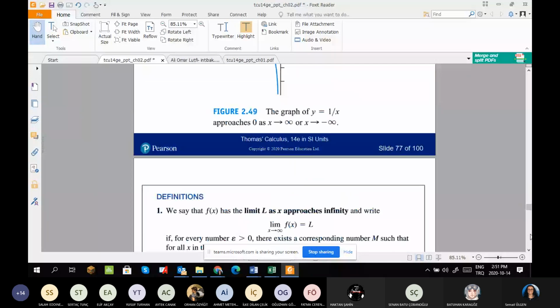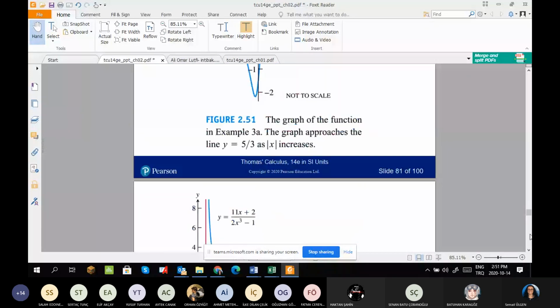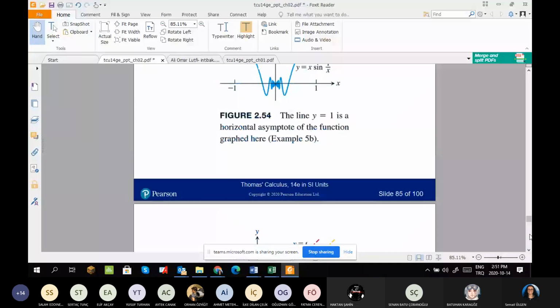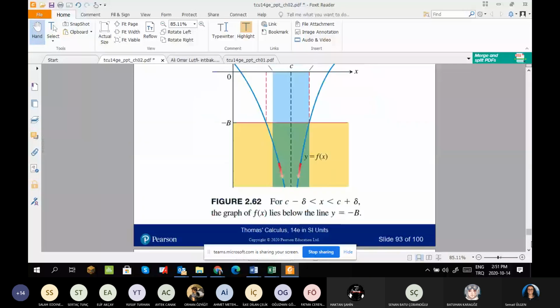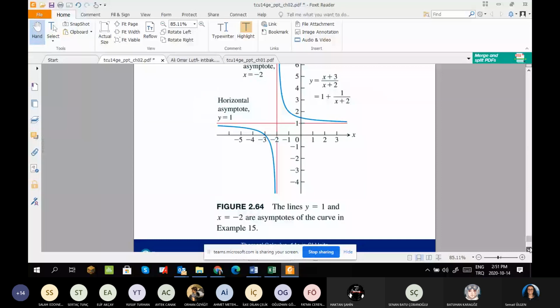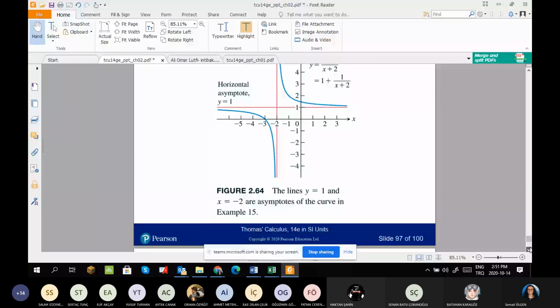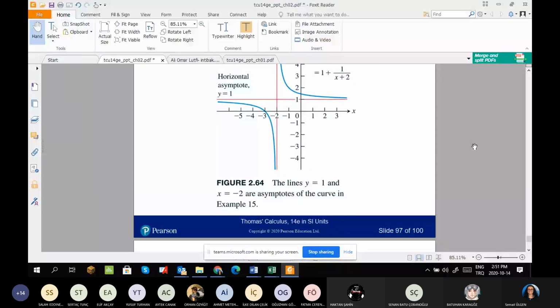So we are going to go through it using the limits. And then horizontal asymptote, vertical asymptote, we will talk about. Almost done. I'm going to let you go in 1 minute. I think that's it so far. So that's what we are going to cover in chapter 2. It's going to go really fast, and you're going to be okay.